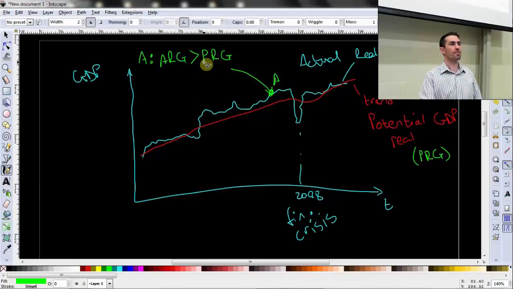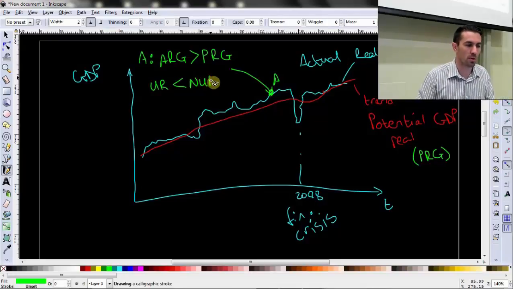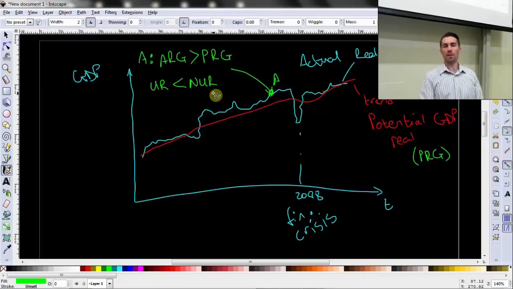You happy with that? Anyone happy with that? Which means that the unemployment rate is below the natural unemployment rate. Is everyone with me? Point A. Are you happy that if actual real GDP is above potential real GDP, then the unemployment rate is in fact below the natural unemployment rate?